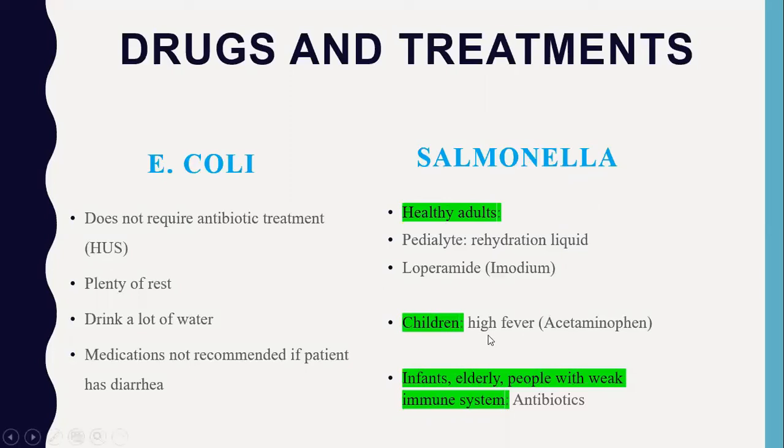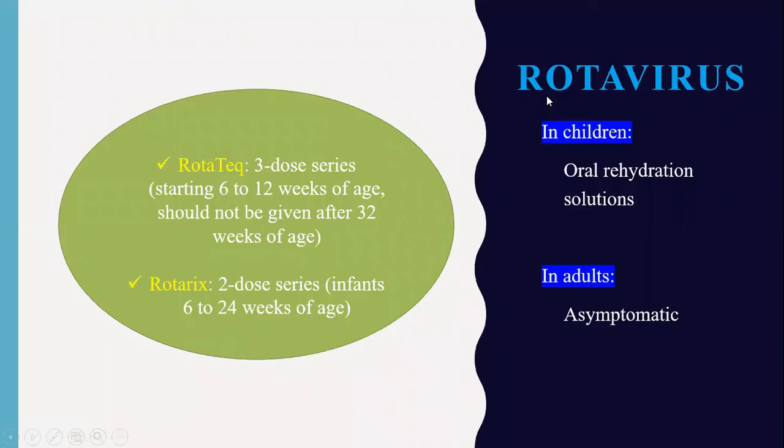For children with a healthy immune system, the doctor might just let the infection run its course, but the child needs to drink a lot of water. In case they have a high fever, they should take a medication called acetaminophen. Therefore, infants, elderly, and people with a weak immune system are the ones required to get antibiotics.